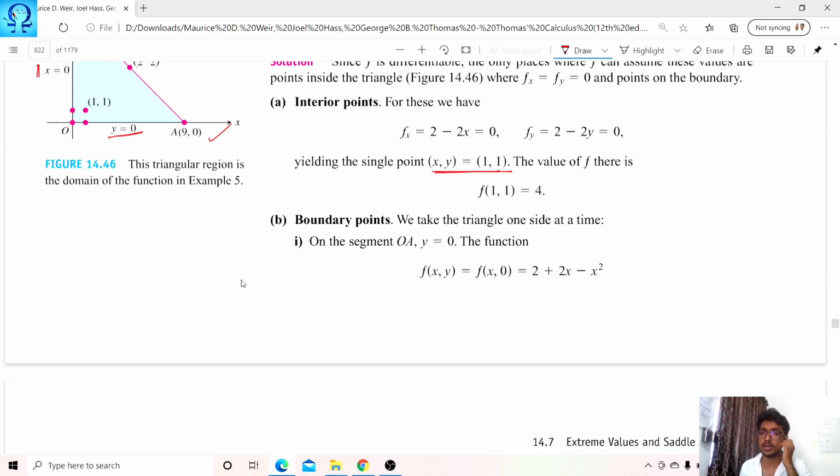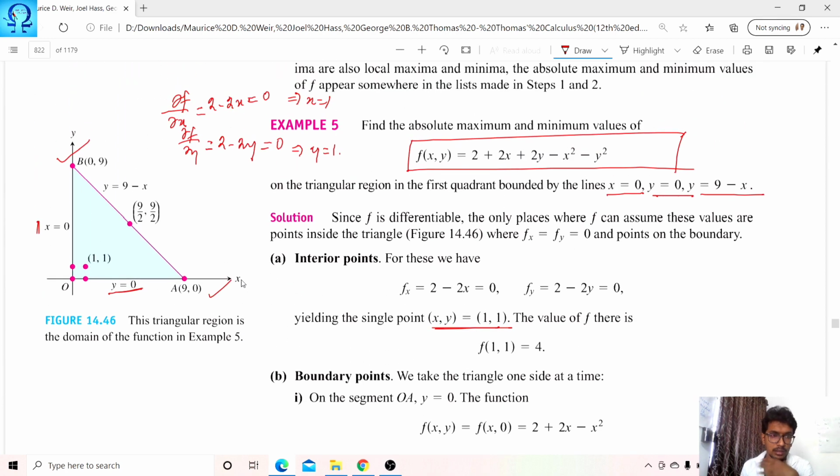Now we will have to check the happenings on the boundary. Here the triangle is named with the corner points O, A and B. So now let me check on OA. On OA my y value is 0, therefore in f of xy I'll have to substitute 0. Therefore it becomes 2 plus 2x minus x squared.